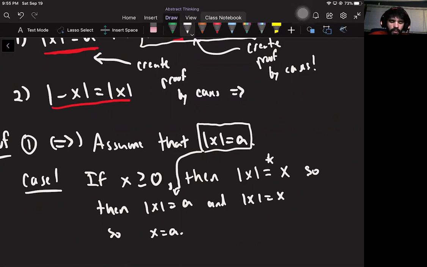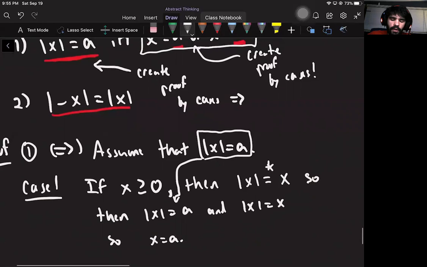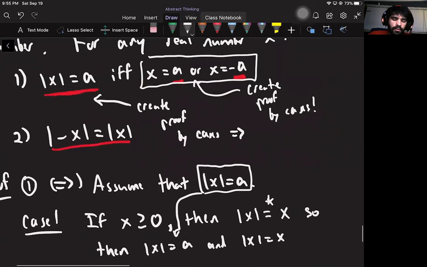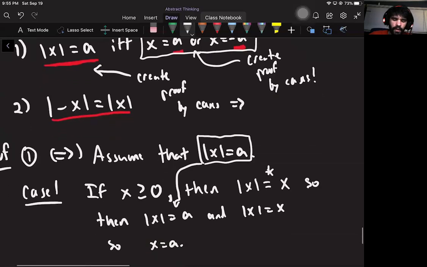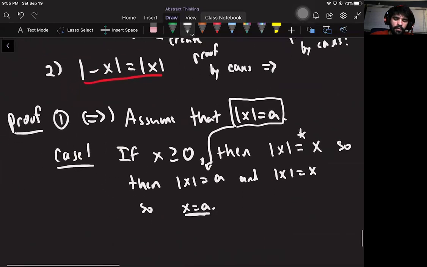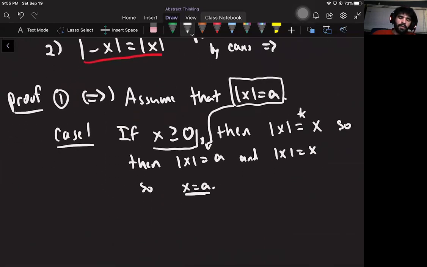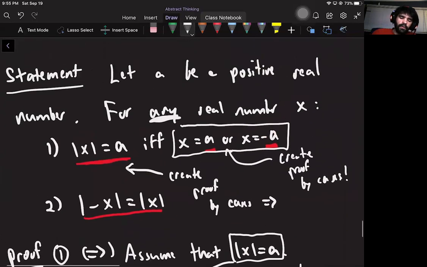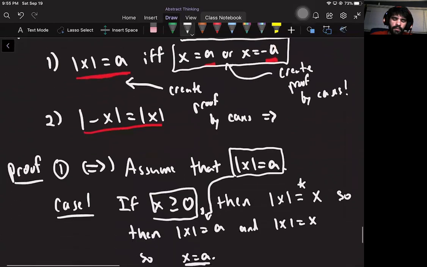So in the forward direction, because there's an or in the conclusion, I'm just trying to prove that either one happens, because that makes the conclusion true if either one happens, because it's an or. And I've shown that x equals a, one of the two or statements, in the first case where I start with a positive number or 0. Now I have to see what happens, because that's not all the real numbers, because x can be any real number. All I've done so far is the positives or 0.